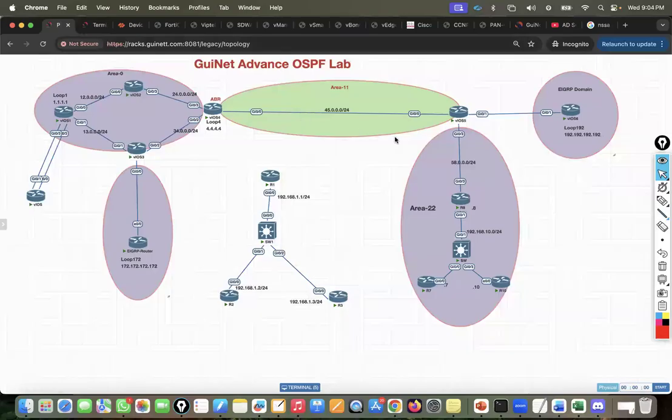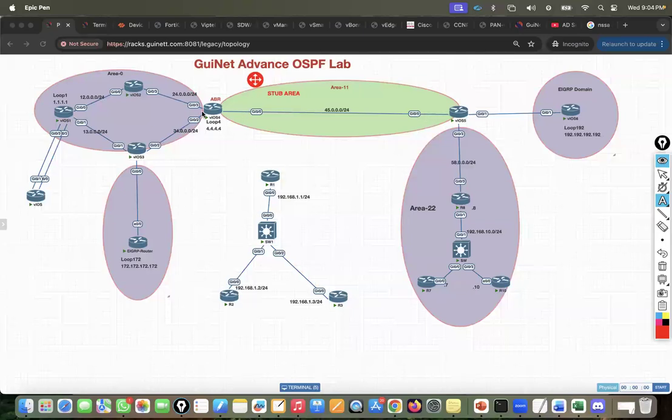So this is a normal area, and this is going to my other area. Now let me make this area a stub area. This is a backbone area, and I'll just make this my stub area. Clear on the requirement? And we'll see what is happening. I'm going to make this normal area a stub area.